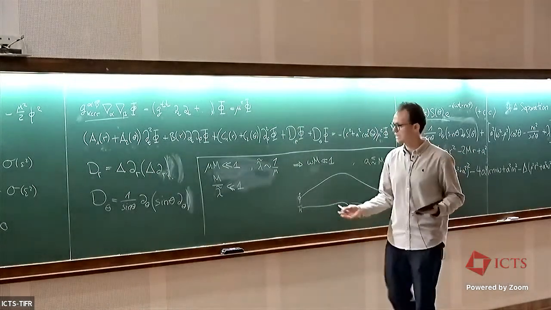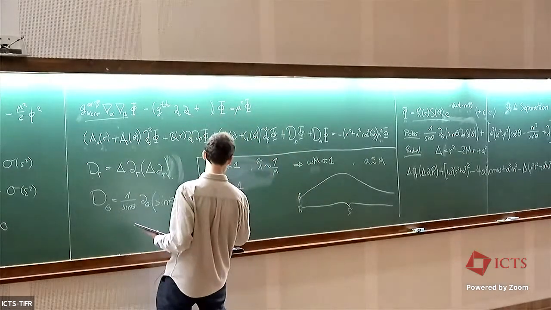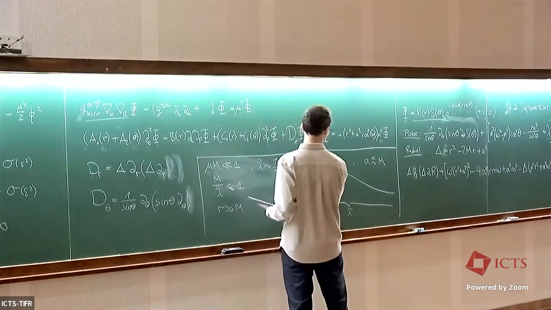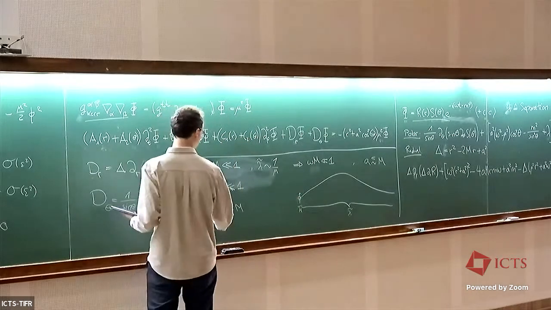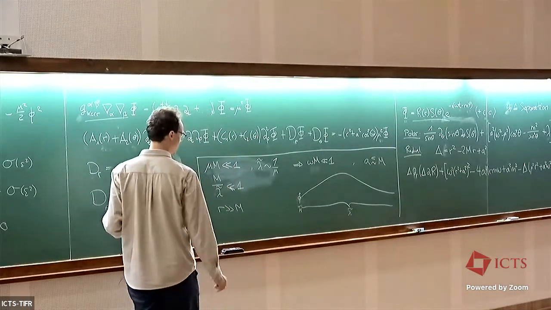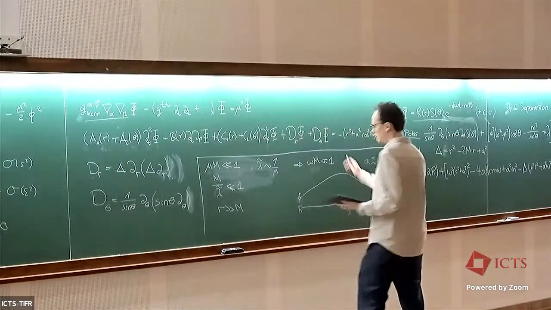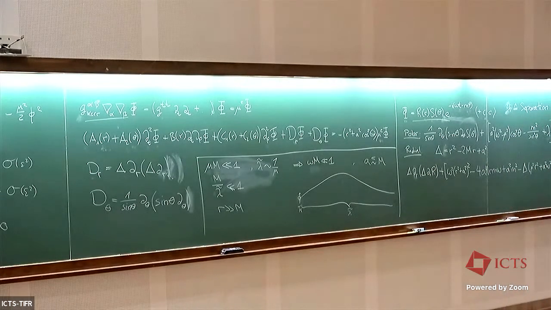What this implicitly implies is also that you're expanding in large radii, so you're assuming that R is much larger than M. Again, you can intuitively see this because most of the cloud is supported away from the black hole, and so you're mostly interested in distances from the black hole that are much larger than the mass of the black hole. Okay, so taking all of these things and plugging them in here, we can try and understand what happens in this limit. Let's look first at the polar equation because that's the simplest one.